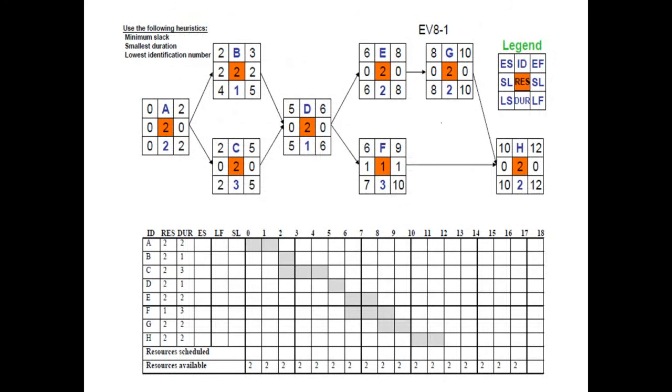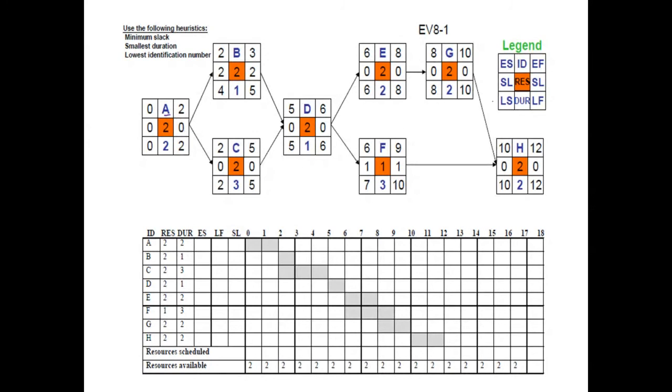Right, so let's assume this is the project network diagram shown on the top. This is from Gray and Larson's book, Project Management: The Managerial Process.